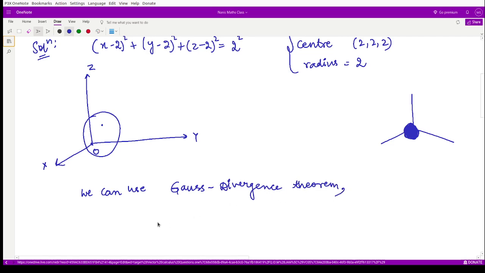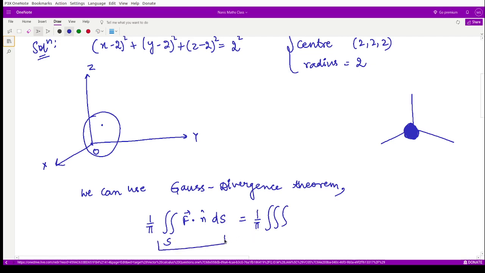So according to that theorem, the quantity 1 upon pi integration over S of vector f dot vector n dS would be as such, right?